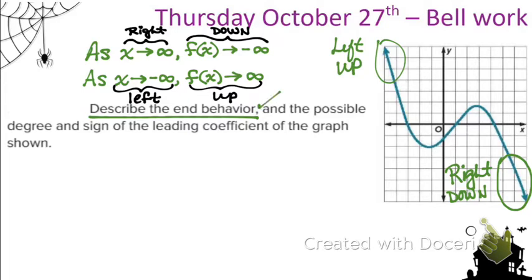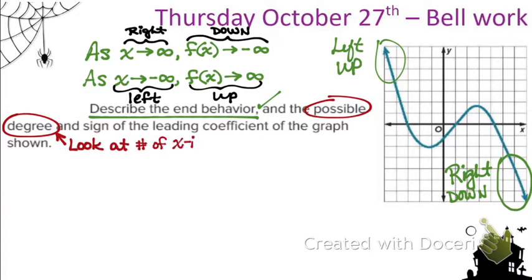We finished that up. Now we need possible degree. What did I tell you to look at on the graph for possible degree? Look at the number of x-intercepts. How many x-intercepts does this graph have? 3.